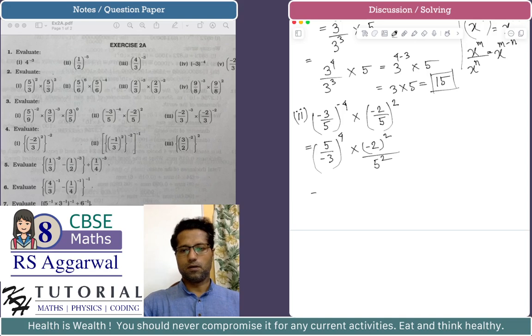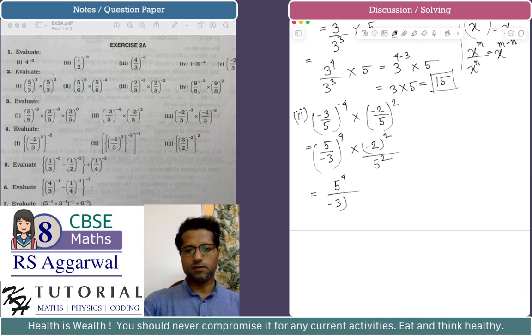Now (5/-3)^4, we can split it as a rational number, that is 5^4 divided by (-3)^4, multiplied by, now what is (-2)^2? The base is the negative number -2 and the power is 2, which is even, so this will be 2^2 by 5^2.